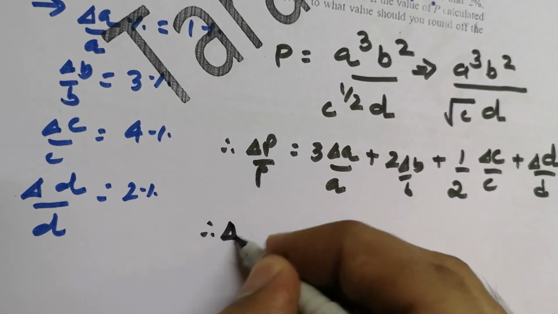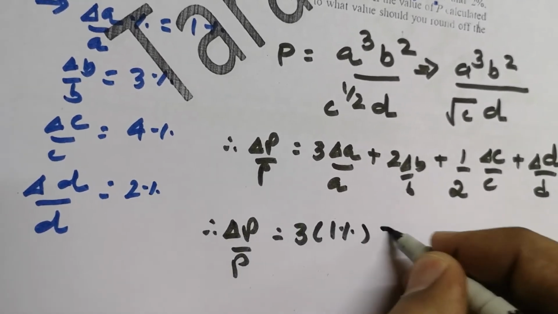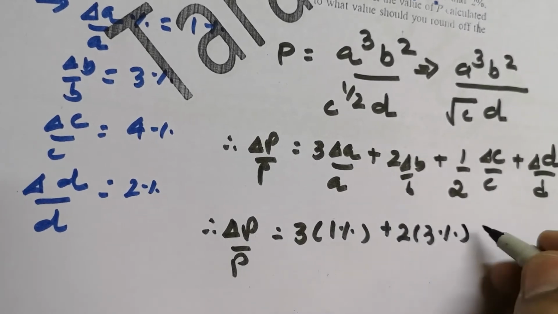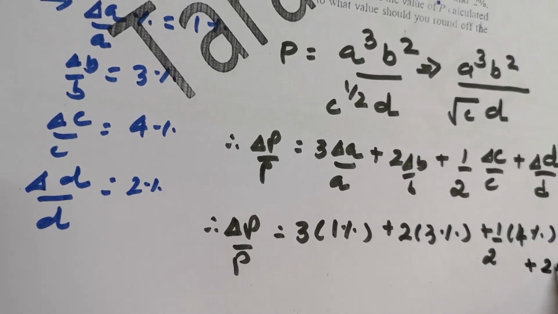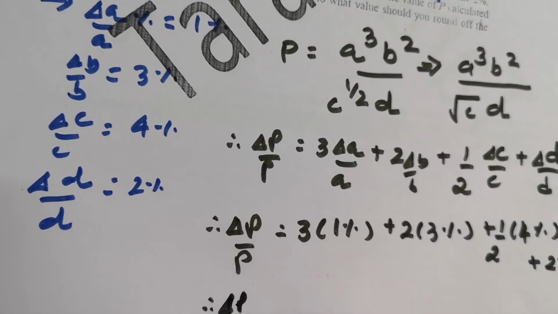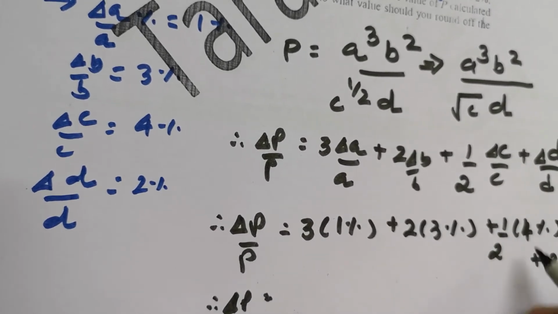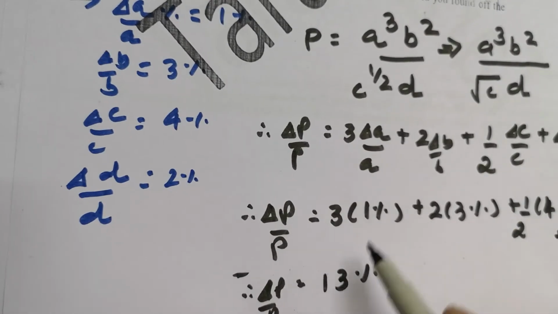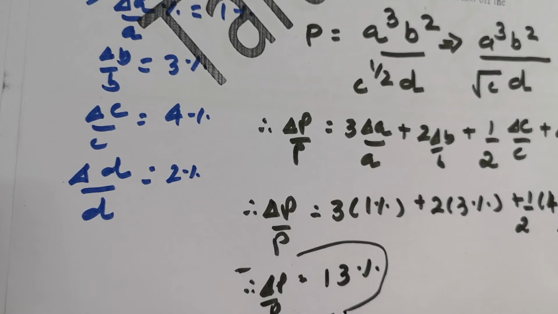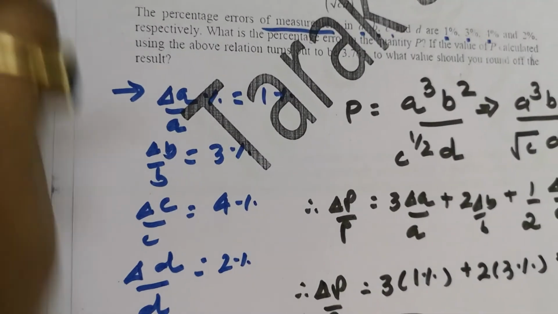So I can have all those data available in terms of percentages: 3 into 1%, 2 into 3%, 1 by 2 into 4%, and only 2%. So delta p by p is 3, and 6 is 9, 9 and 2 is 11, and 2 more, that is 13%. It is the error in the measurement of p. This is a very simple example, but we have done plenty of examples of errors and measurement.